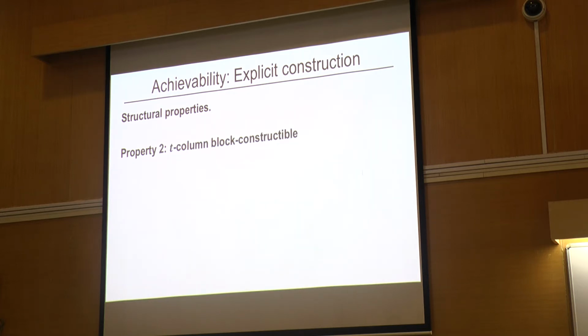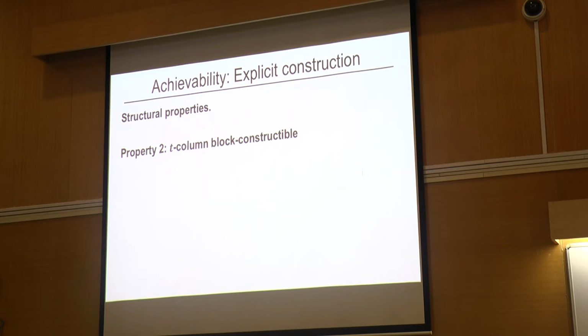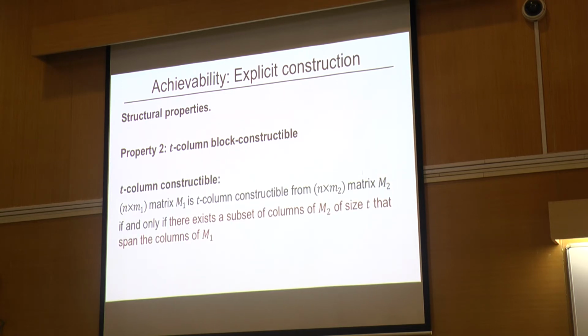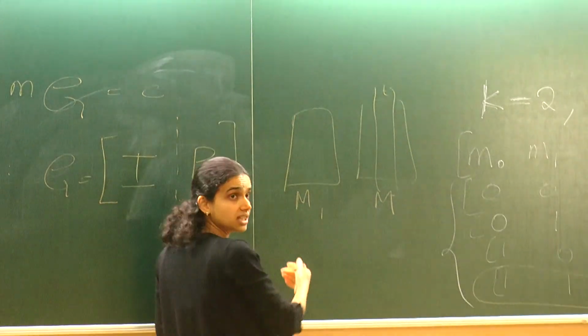The second property is what we call T-column block constructible. I'll first define what T-column constructible is, and using this build T-column block constructible. We say a matrix M1 is T-column constructible by matrix M2 if we can use some subset T of the columns of M2 to span M1. They need not be consecutive.